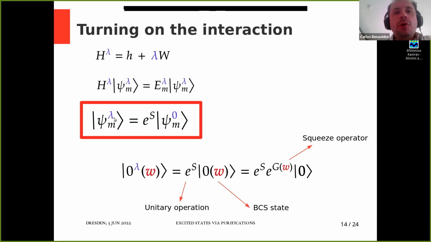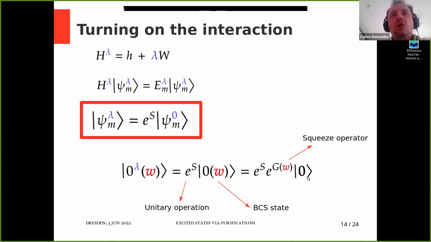And this is all the proposal, because then for the whole W field of the interacting state, I just do a unitary operation on the BCS state that I introduced before, that is for free fields or without interaction. And then the final result is that I can write the complete weighted sum of the excited states, actually the whole eigenstates of the Hamiltonian, as this formula here: the unitary transformation here, the squeeze operator that I introduced before, and the real vacuum.